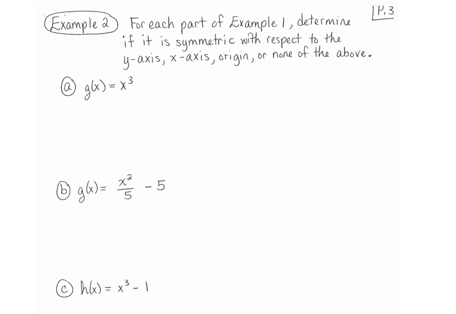Symmetric with respect to the origin. Just to confirm, g of negative x equals negative x quantity cubed, which we already found was negative x cubed. So symmetric with respect to the origin.